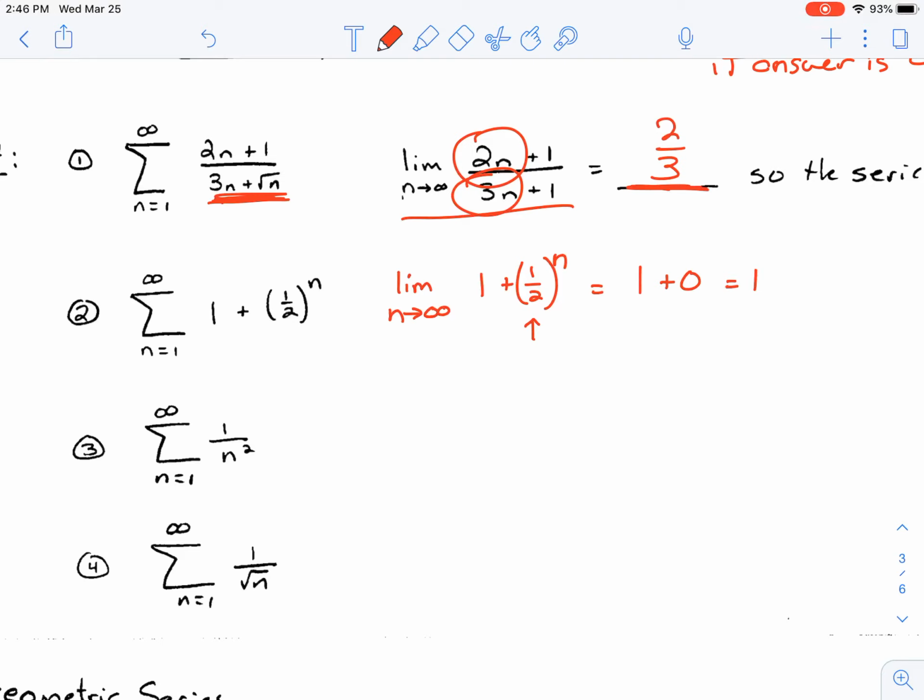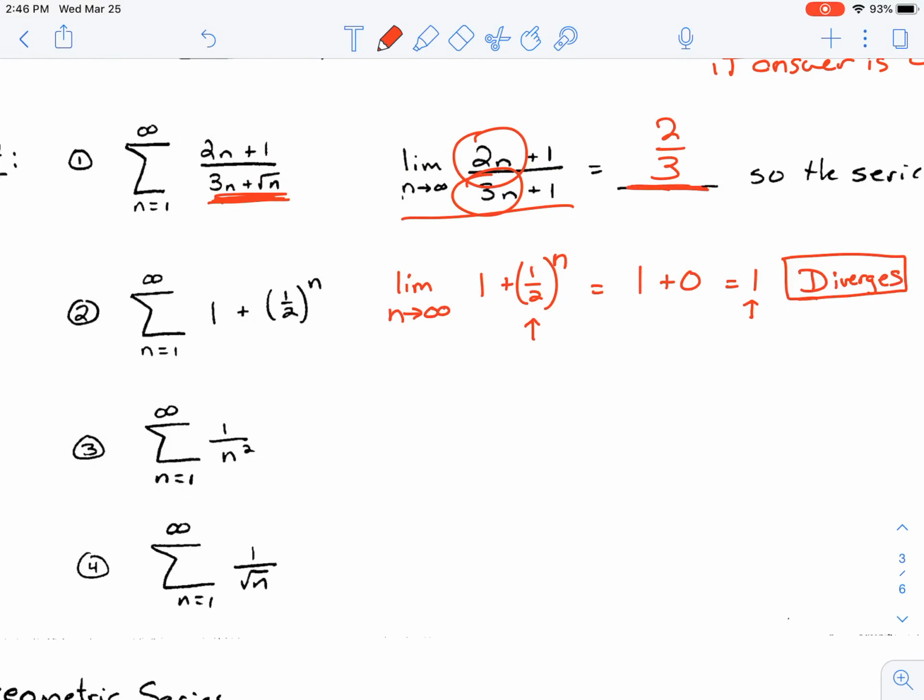So this gives you 1. So that tells us that the series diverges. Just a quick note here. The terms of the series converge to 1, but the sum of the series diverges to infinity.